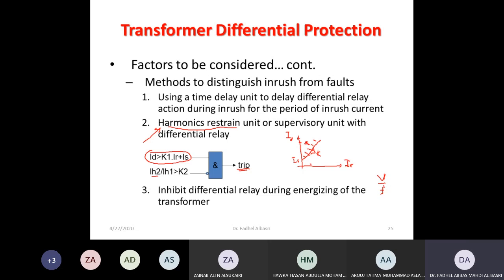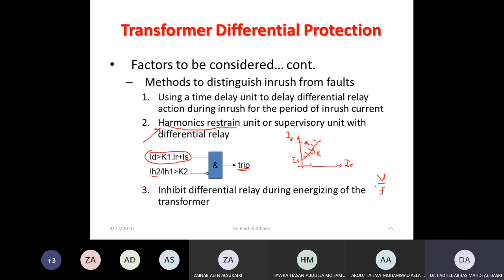At rated voltage and rated frequency, the flux in the core is normal. When the voltage is increased or the frequency drops, the flux in the core will get higher than the knee point, and as a result the core will saturate. As a result, I would also have a false differential current, and I want to detect these conditions by using the fifth harmonic.